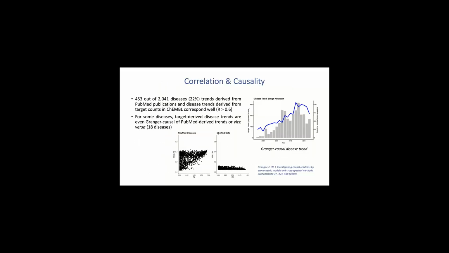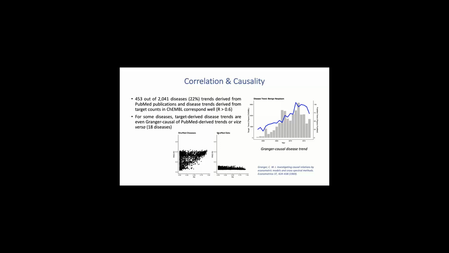And finally, we also were wondering a bit about causality in this study. So as I mentioned a few times, we can't guarantee causality, but we wanted to systematically explore this.